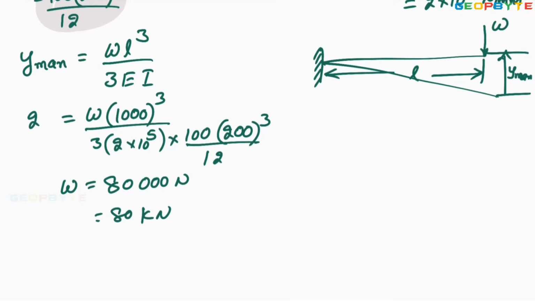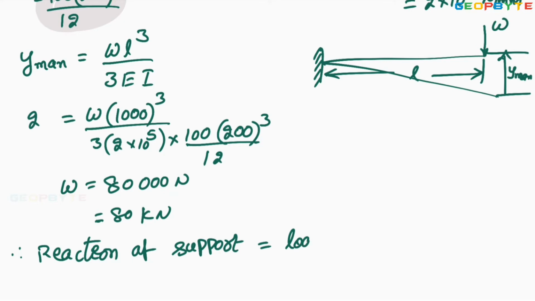Since the load at the free end is 80 kilonewton, to have the simple support at the free end, the reaction must be equal to the load at the free end. Therefore, the reaction at support must be equal to the load at the free end.